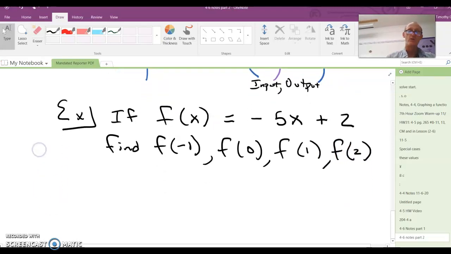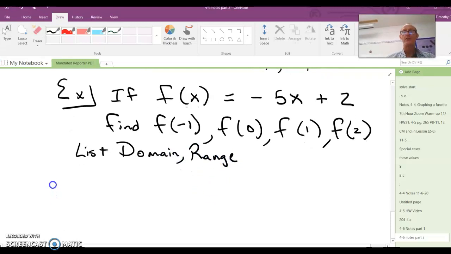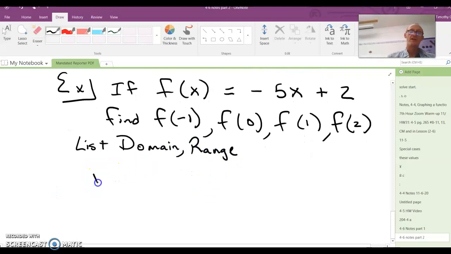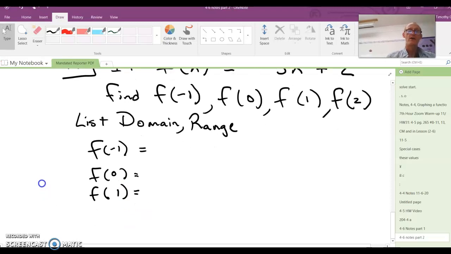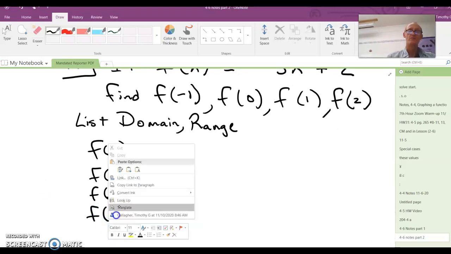And then we want to list the domain and range. Okay, so here's how we do it. We're going to find f of negative 1, f of 0, f of 1, and f of 2.